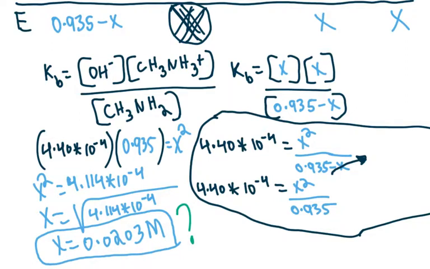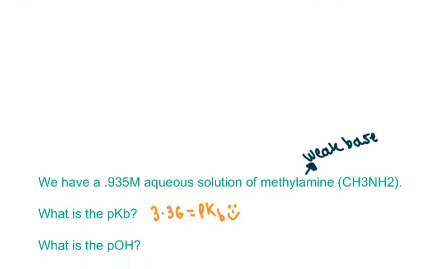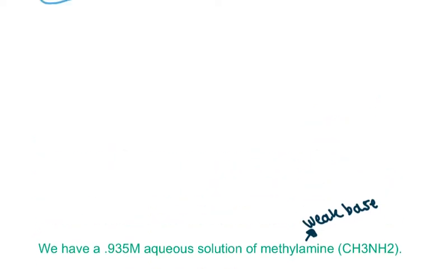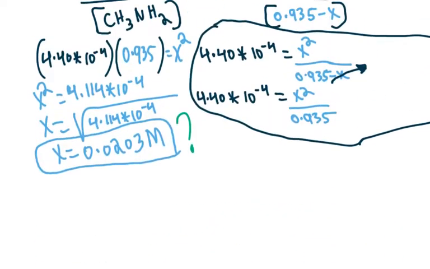All right, we found a value for x, a concentration value for x. Now our part B question asks us what is the pOH of this 0.935 molar aqueous solution of methylamine. Well, let's recall how to calculate pOH first. To calculate pOH, we do the negative log of our OH minus concentration.